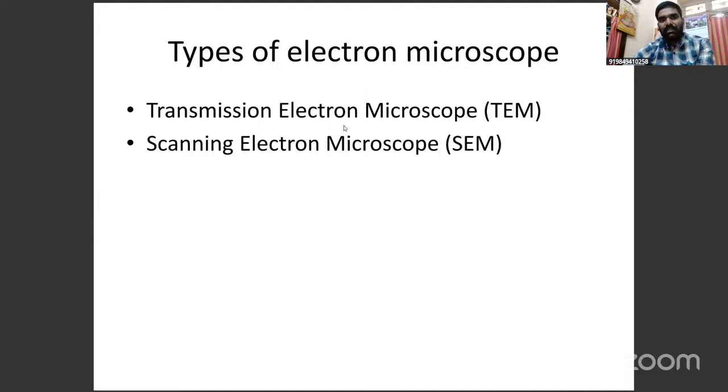The same principle is used in these two microscopes. The purpose of these microscopes may change, but the principle is mostly the same.